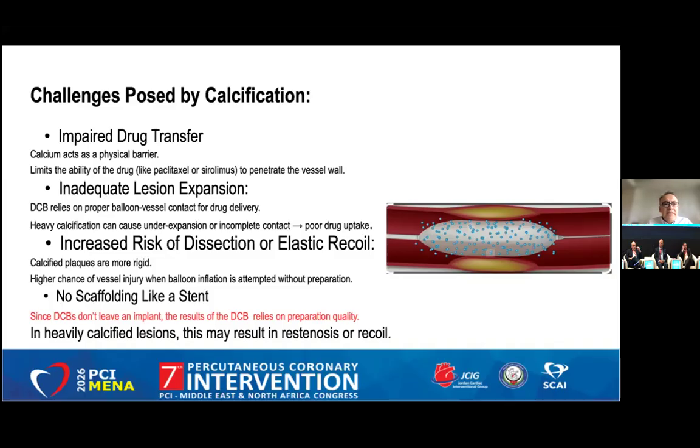DCB relies on proper balloon-vessel contact for drug delivery. So the balloon has to contact the vessel for drug delivery, and heavy calcification can cause under-expansion or incomplete contact. Of course, we also have increased risk of type C dissection or elastic recoil. In that case, we always do stent implantation. When we try to do DCB in a calcified lesion but have type C or type D dissection or elastic recoil, we do a stent anyway.